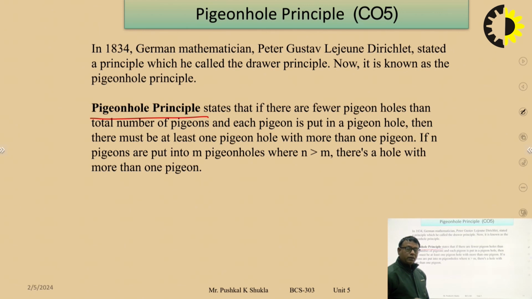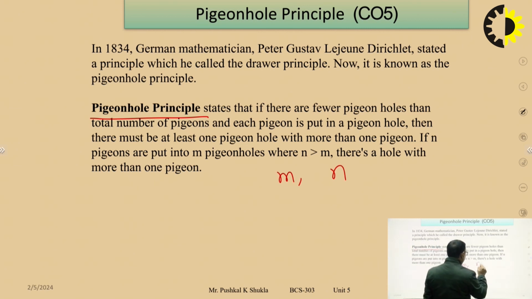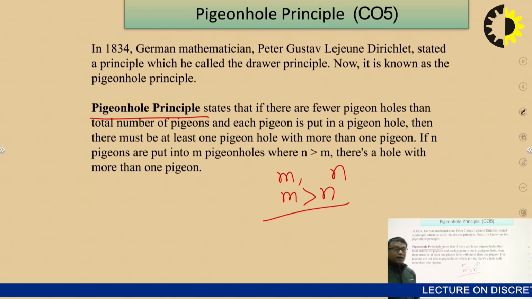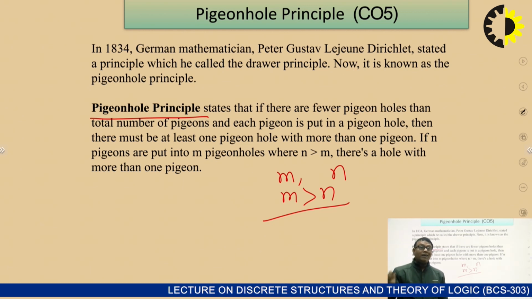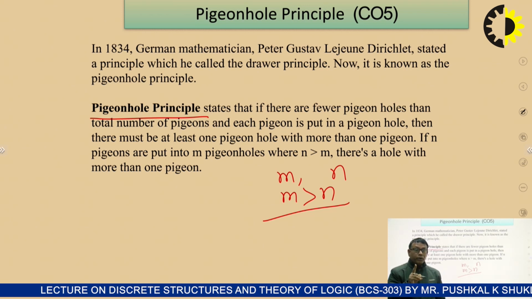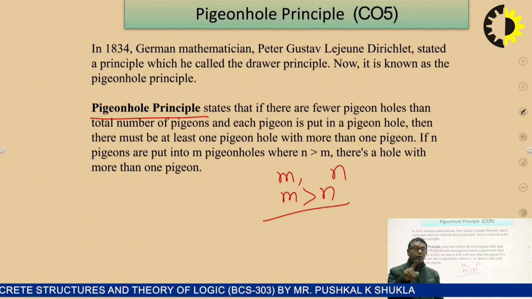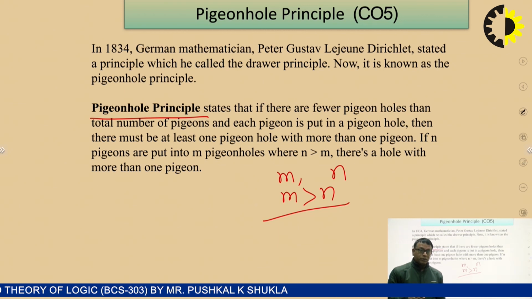It states that if there are m pigeons and n pigeonholes, and m is greater than n, it means pigeons are more than the pigeonholes, then there must be at least one pigeonhole which has more than one pigeon. This is the pigeonhole principle.